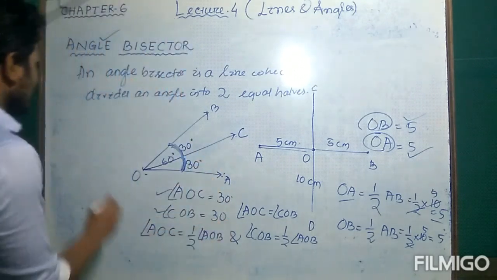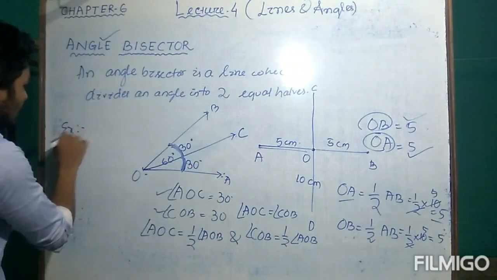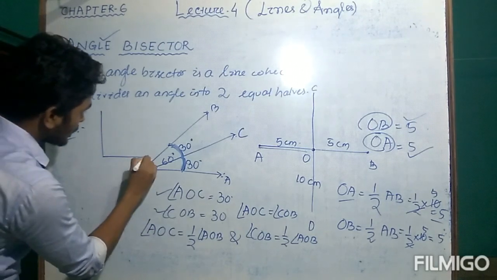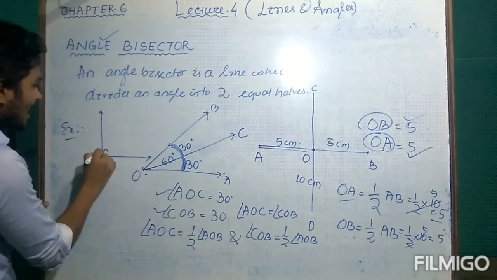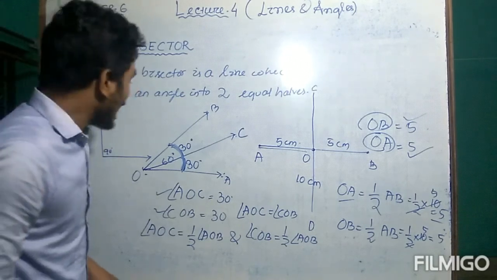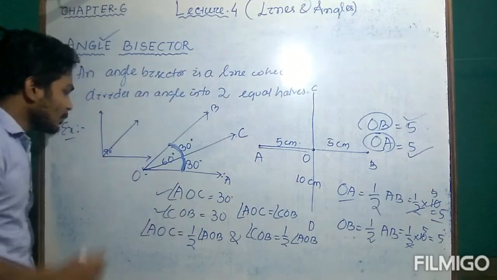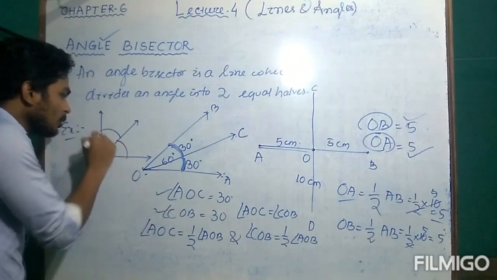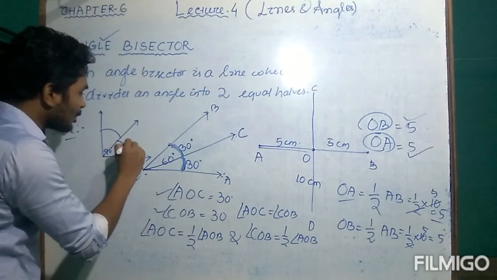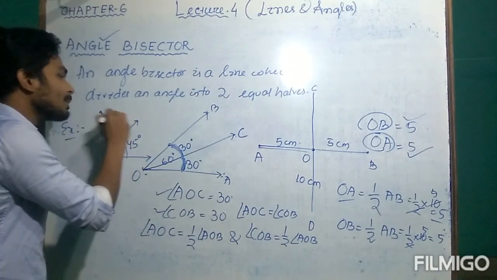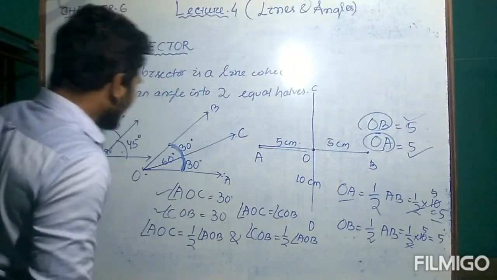Right? Suppose we take an example. Suppose this is 90 degree, and if you are going to draw an angle bisector, then could you tell what is the value of this angle? Yes, this is half of 90, that is 45 degree, and this half is also 45 degree. Understood?